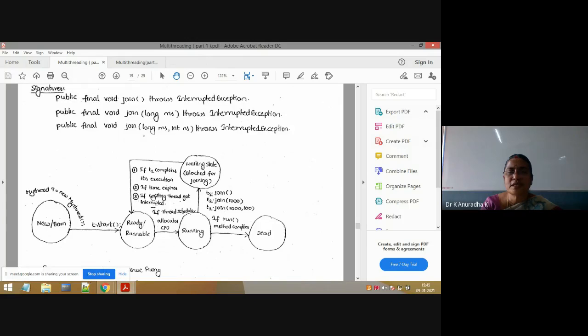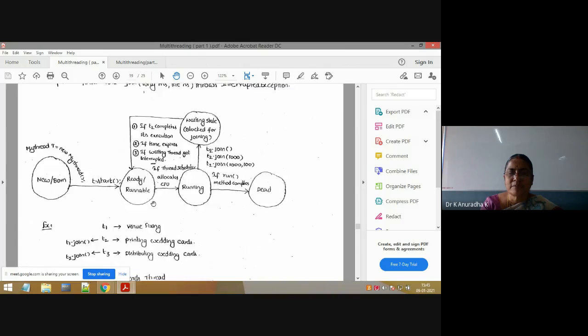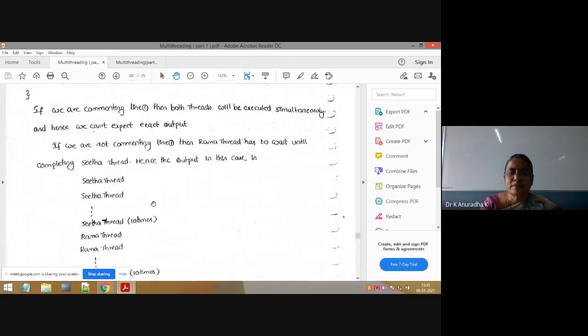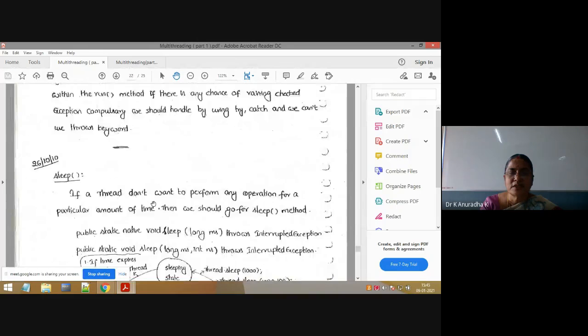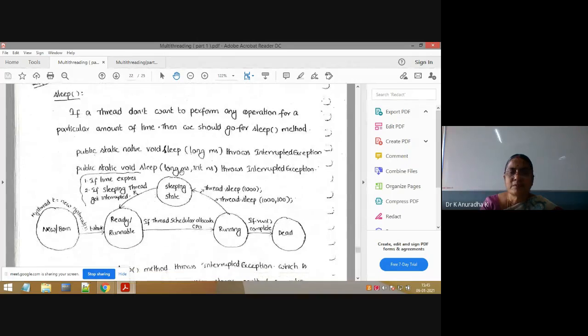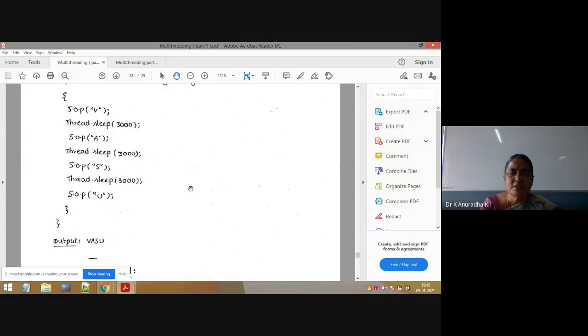So in these two cases, in the join method I have written the statement if the waiting thread got interrupted using the interrupt method, or in the sleep method life cycle also, from the sleeping state when it will go to the ready or runnable state is if the sleeping thread got interrupted by using the interrupt method. That's why the interrupt method is very, very important.